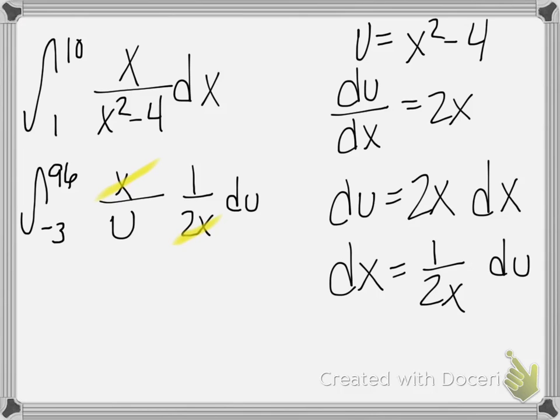Those x's would cancel, so that would leave us with, we could go ahead and pull the 1/2 out, because that's a constant, negative 3 to 96 of 1 over u du.